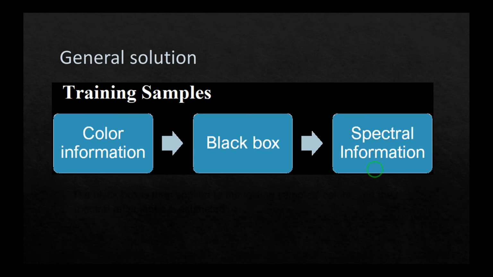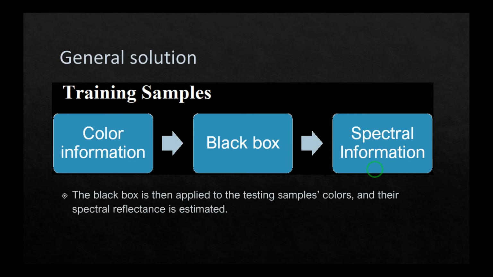After that, the system would be ready to estimate the spectral reflectance of any color that is input to it. In other words, the testing samples that they're going to apply to the trained system. Then we would be able to estimate the testing samples' spectral reflectance from their color.